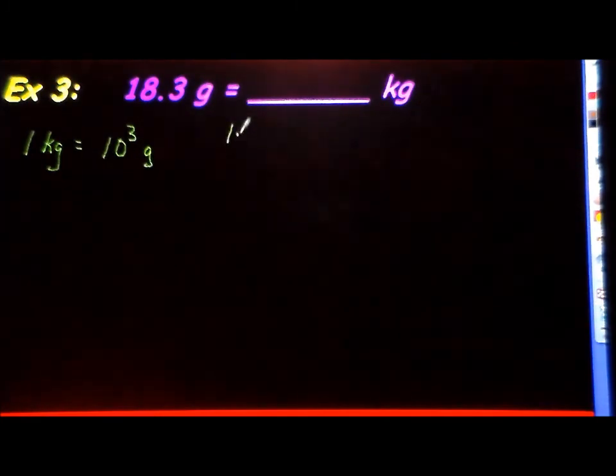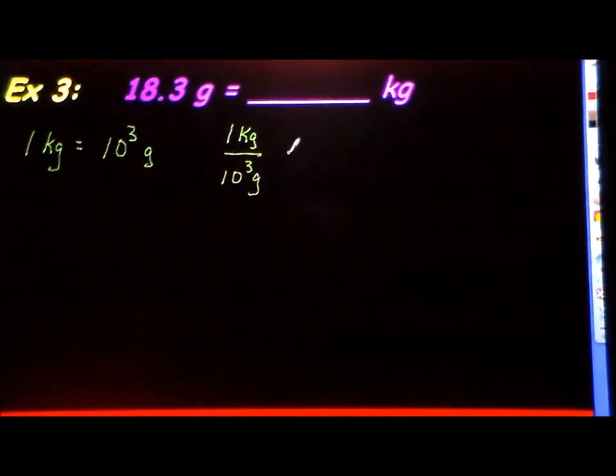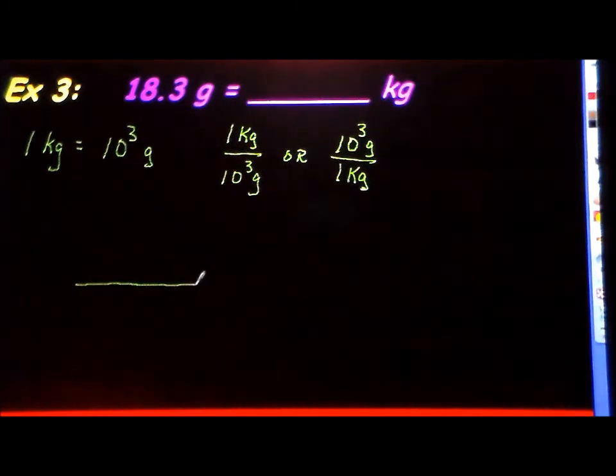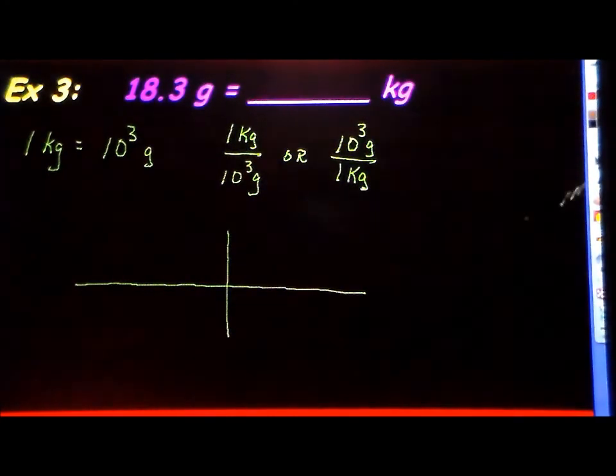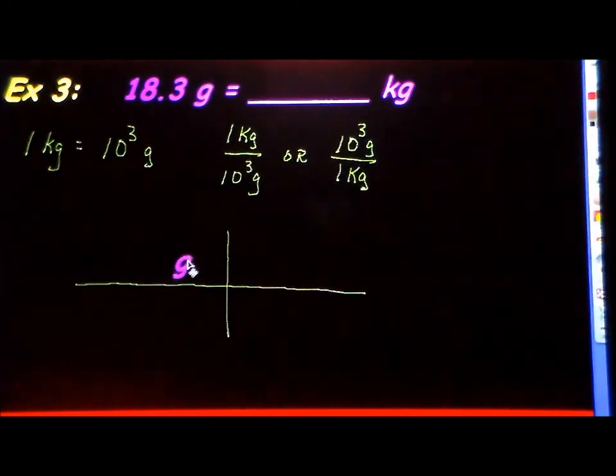So I can use 1 kilogram to 10 cubed grams, or 10 cubed grams to 1 kilogram. So our original number was in grams, so that's what we start with.